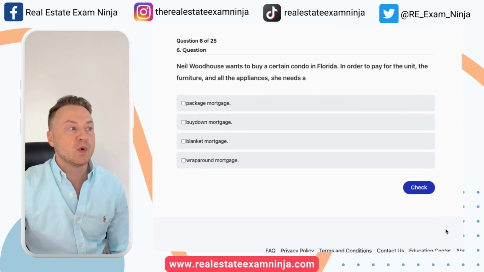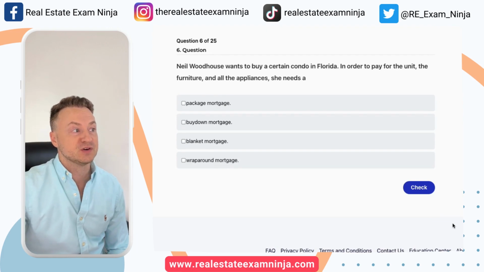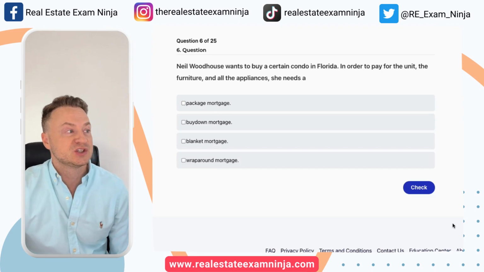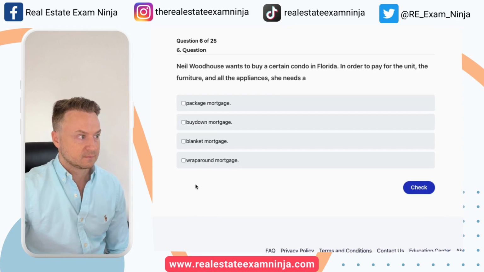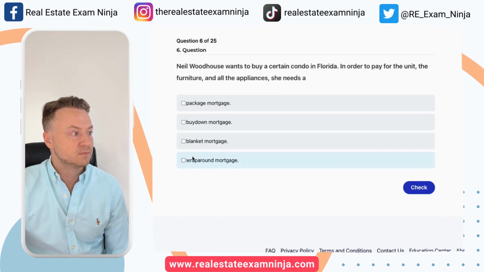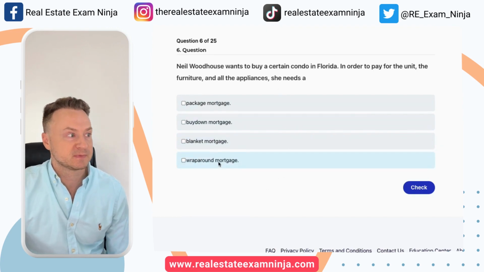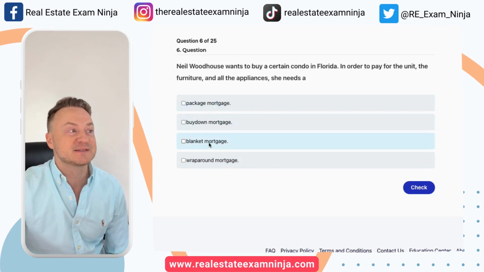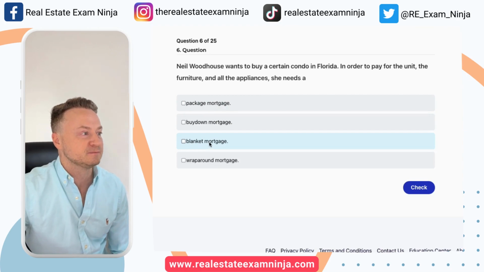Neil Woodhouse wants to buy a certain condo in Florida. In order to pay for the unit, the furniture, and all the appliances, she needs a what? What do you guys think this is called? All right, this seems to be confusing a lot of you.